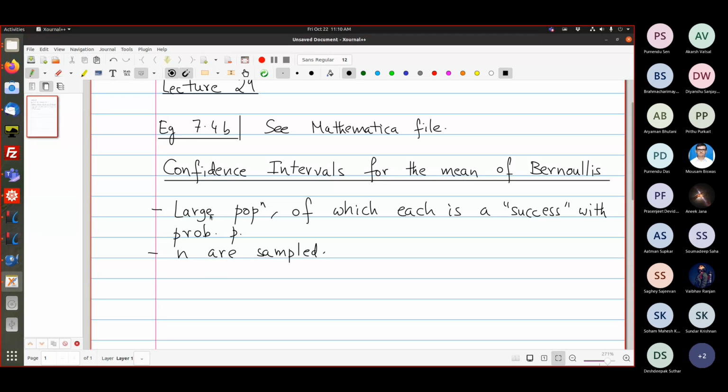We take a large population. If it is capital N, then we get something which is close to a hypergeometric distribution. But we assume that the population size is very, very large. So in that case, the number of successes, which is X, is approximately a binomial(n, p) distribution.